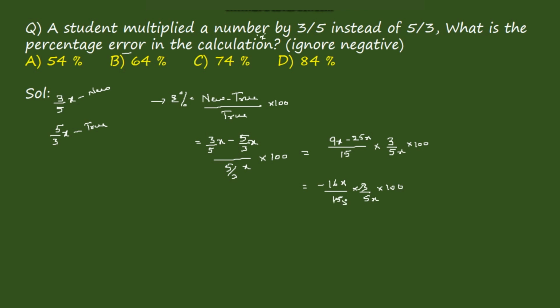One side goes by 5, then x gets cancelled. 5 into 5 is 25. It goes by 4, and 4 into 16 is equal to minus 64 percentage. But they are saying ignore the negative, so it becomes positive. So the answer is option B, percentage of error.